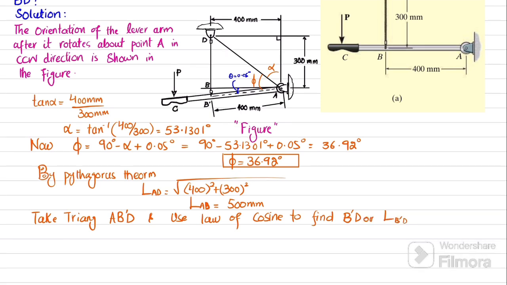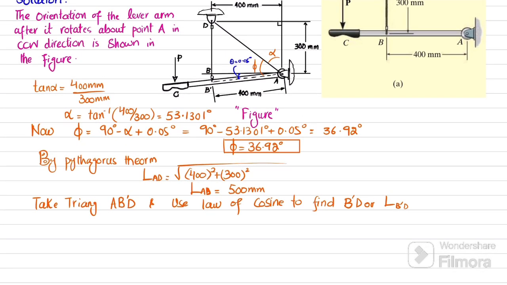So I will write it. How will you find this? You can see this is the phi angle. So the angle opposite to this is this length B dash D. This point is B dash. Clear?